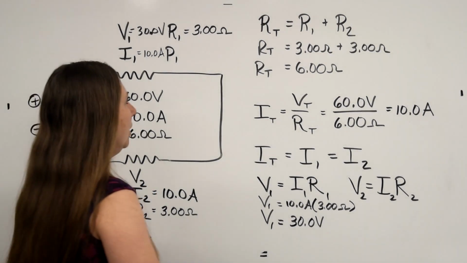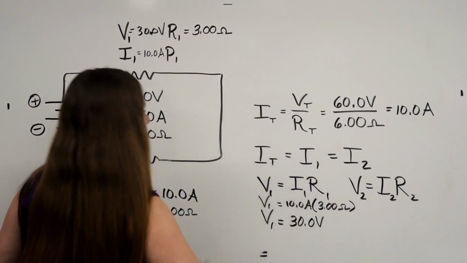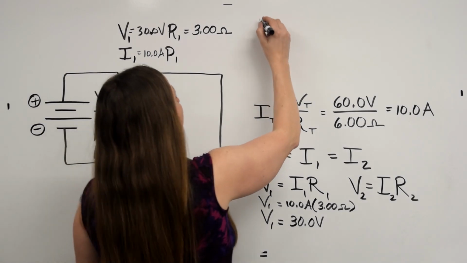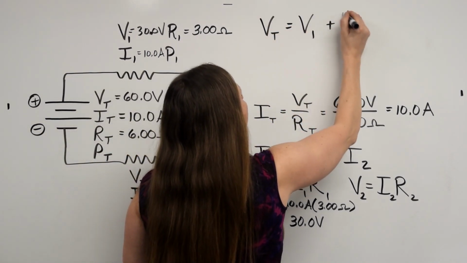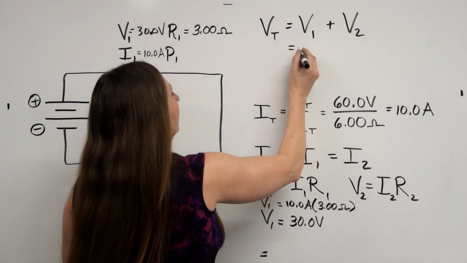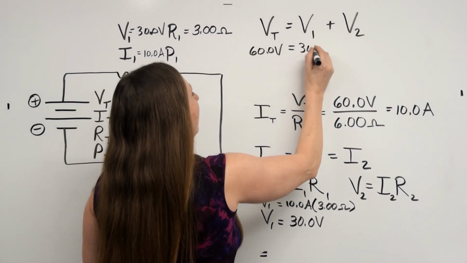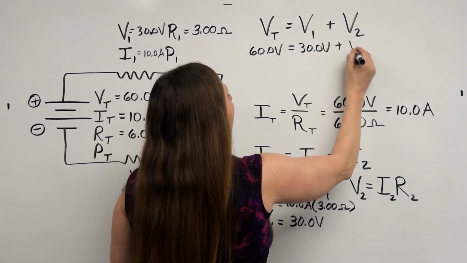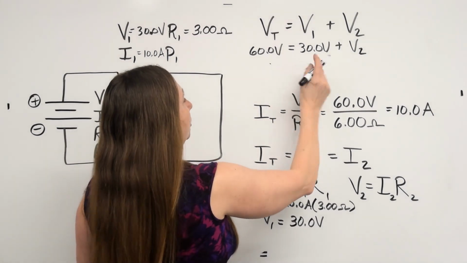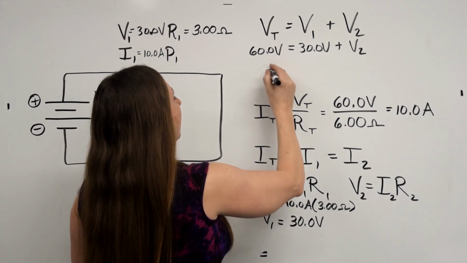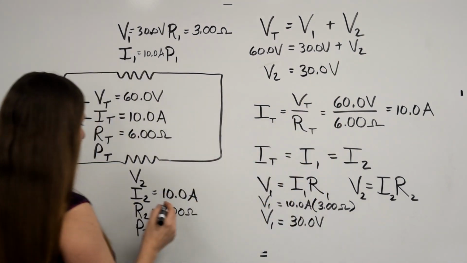You know that for a series circuit, V total equals V1 plus V2. So if V total is 60 volts and V1 is 30 volts, how much is V2? You can subtract 30 from both sides, and you know that V2 is 30 volts.